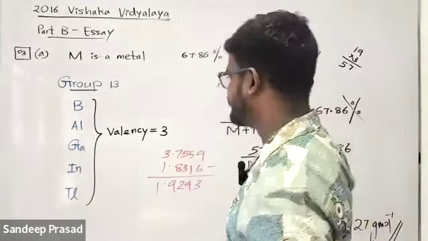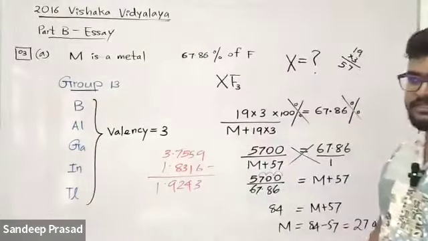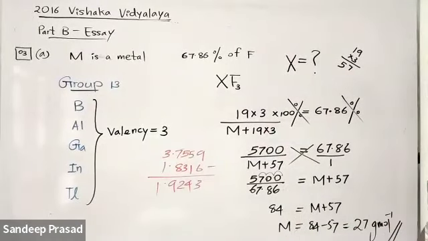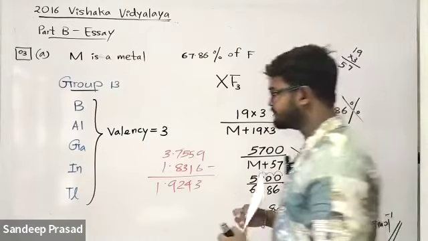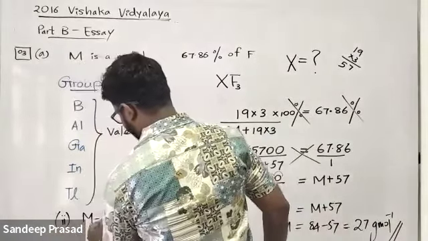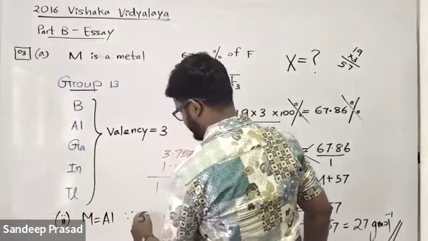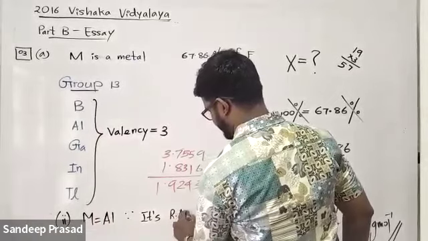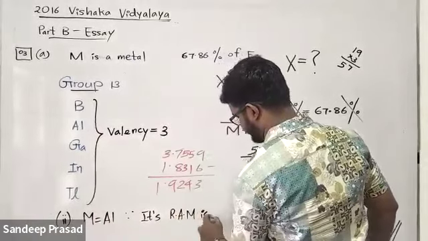So as the reason, you can give that aluminium has the relative atomic mass 27. That's why we choose aluminium, right? So therefore, identify M. M is aluminium, since its relative atomic mass is 27.